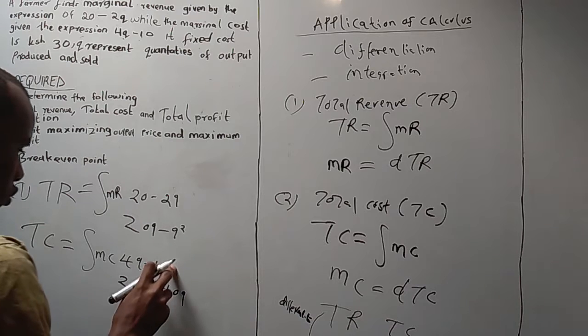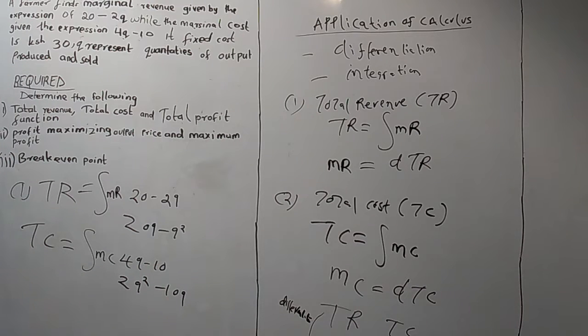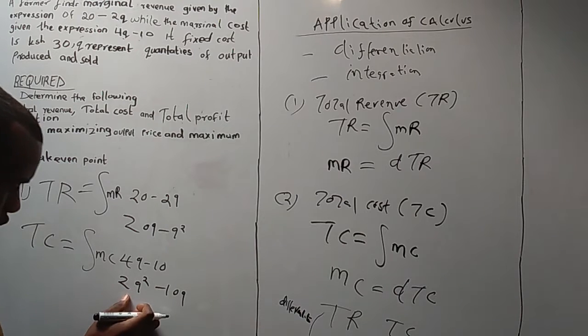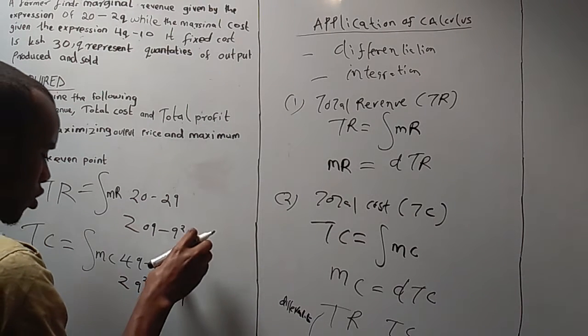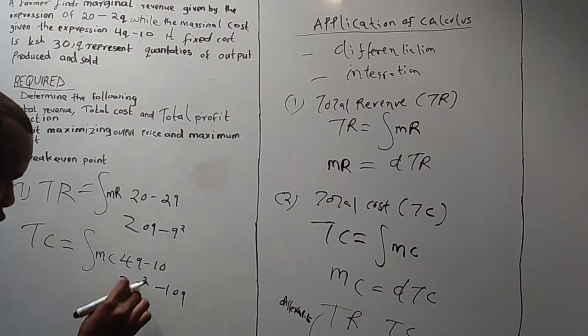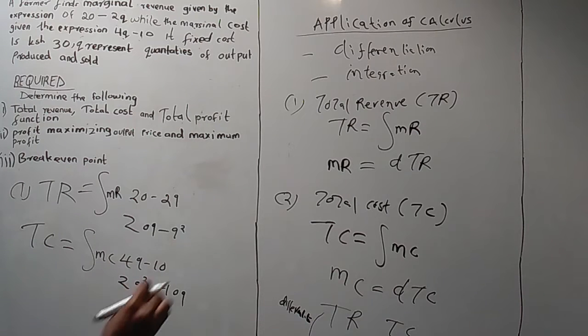Whenever you integrate a constant, you will have the value Q, so minus 10Q. This becomes our total cost, 2Q squared minus 10Q. If you have this total cost and are asked to calculate the marginal cost, you differentiate this one, 2 times 2 gives 4Q minus 10.